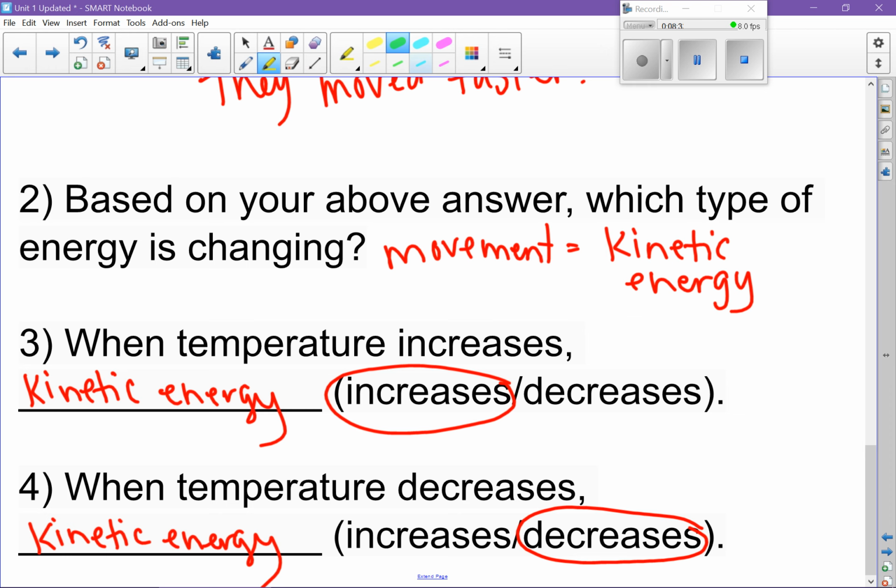So these are the important things that you need to get out of this. Whenever things are moving, that's kinetic energy. Increasing the temperature increases kinetic energy, and decreasing the temperature decreases kinetic energy.